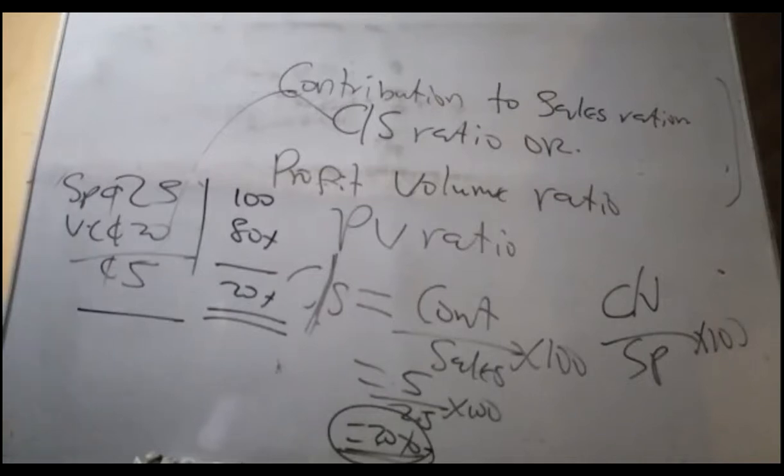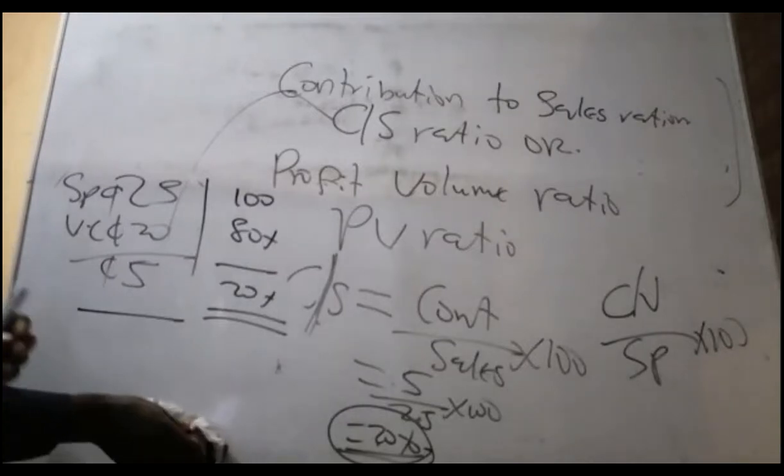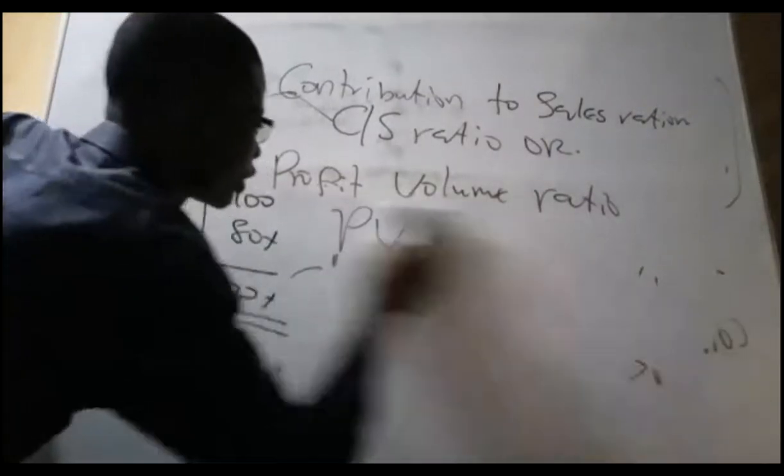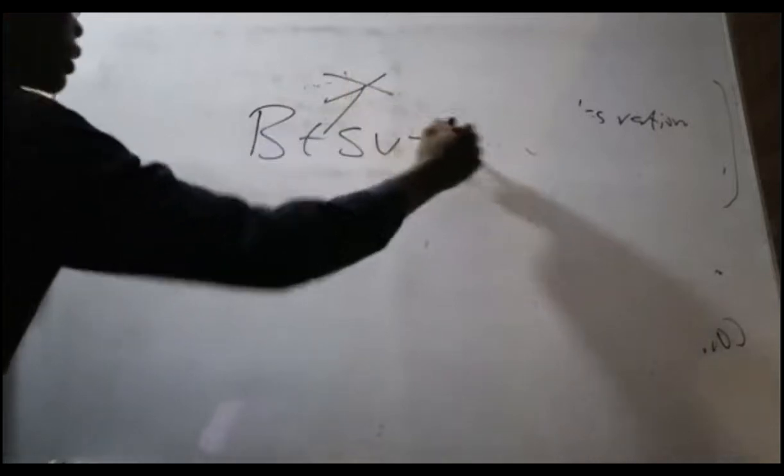Second use: now we can use this CS ratio to compute the break-even sales value. So let's go back again and compute the break-even sales value. Another formula for the break-even sales value. No shortcut in exams.